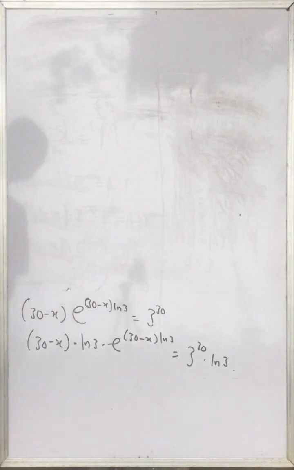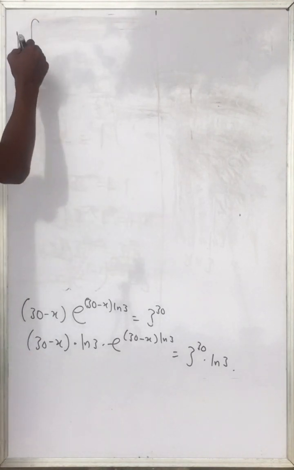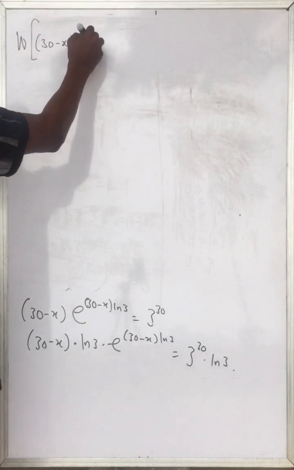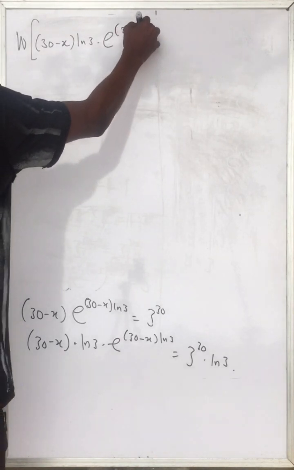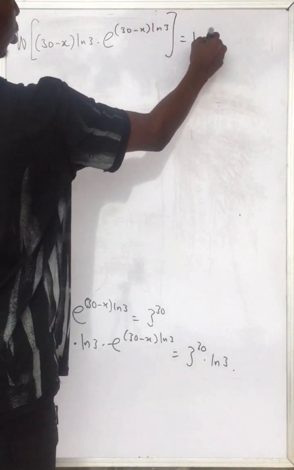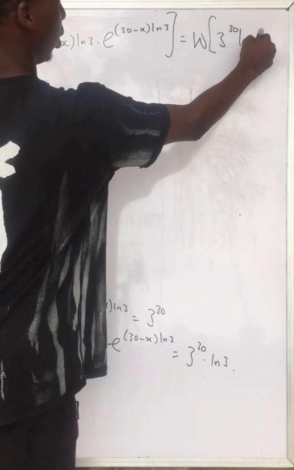remember this was where we stopped. Now, looking at this part here, if I then apply the Lambert W function, let me take the W of both sides. We have 30 minus x, the ln of 3 times exponential of 30 minus x, the ln of 3, is equal to the W of 3 raised to the power of 30, the ln of 3.